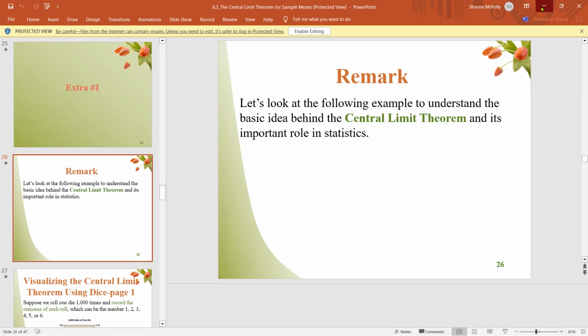So I will go over that with this. Yeah, 6.2 is applications of the normal. 6.3 is the central limit theorem for sample proportions. And then 6.3 is the central limit theorem for sample means. So let me pull down this PowerPoint.